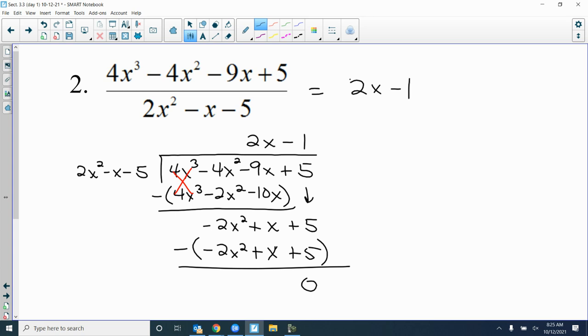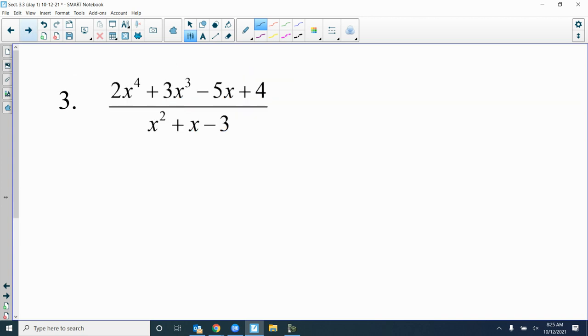All right. At least let's get this next one set up. Now, as you're writing down, pay attention to the top. It's missing a term. What term is it missing? X squared. So we're going to have to account for that when we write this out.